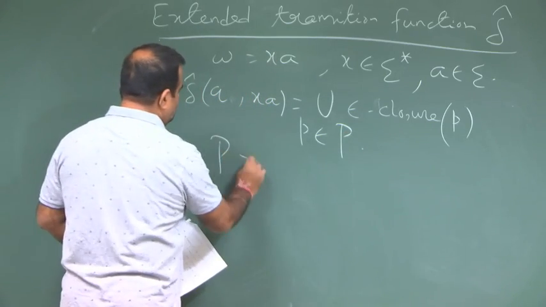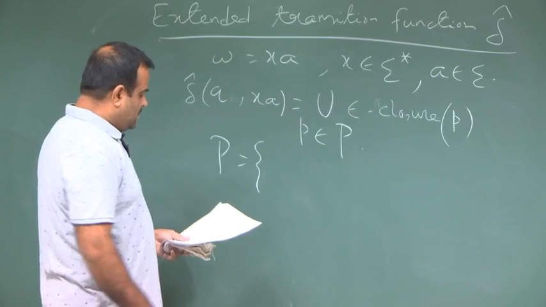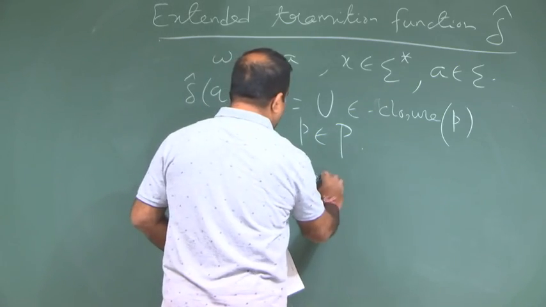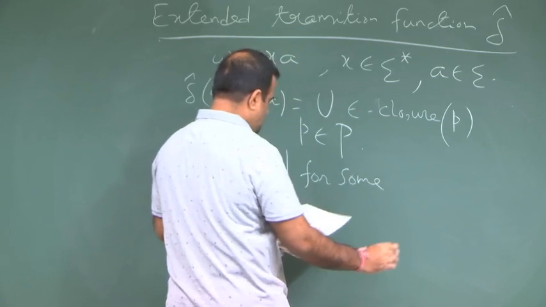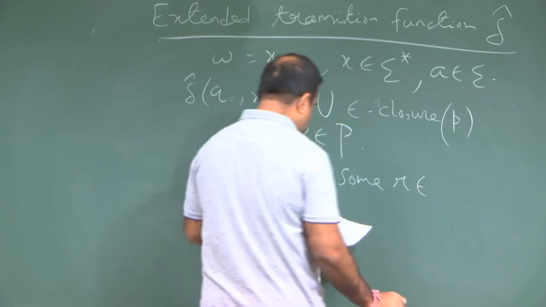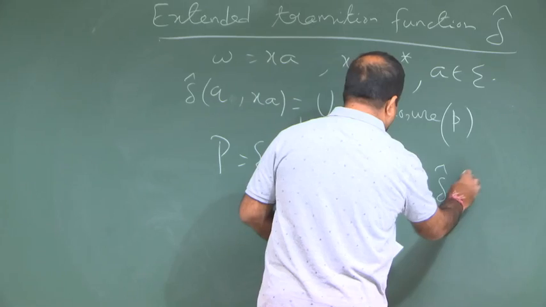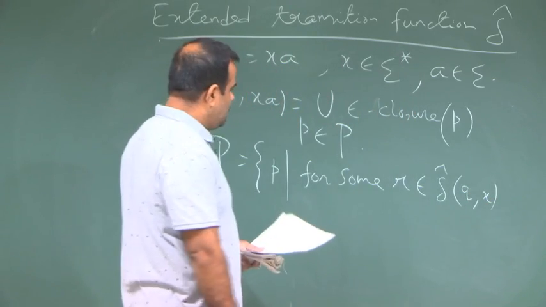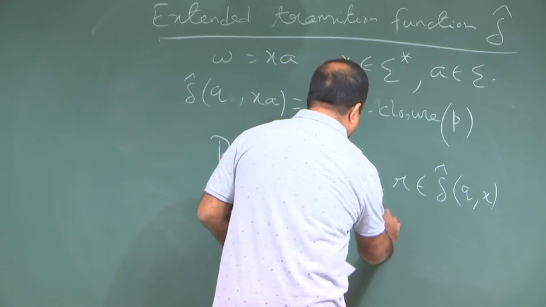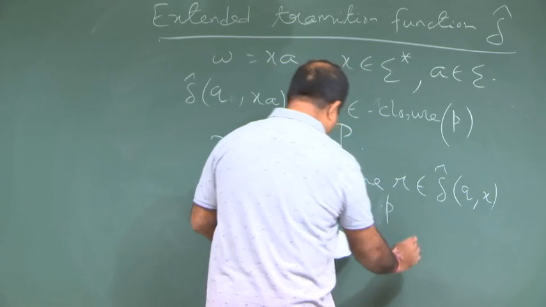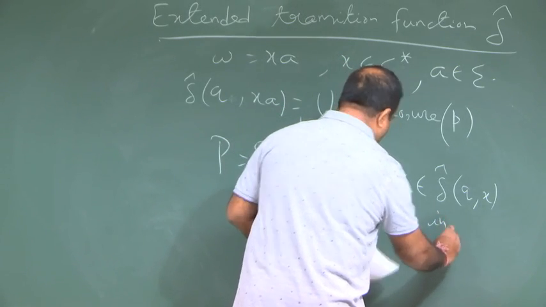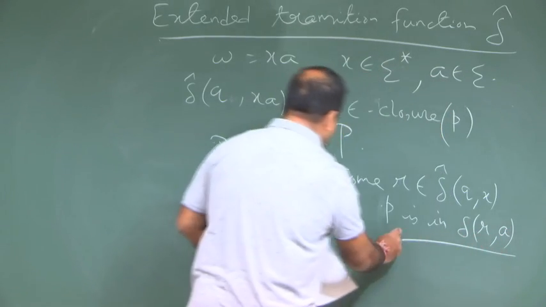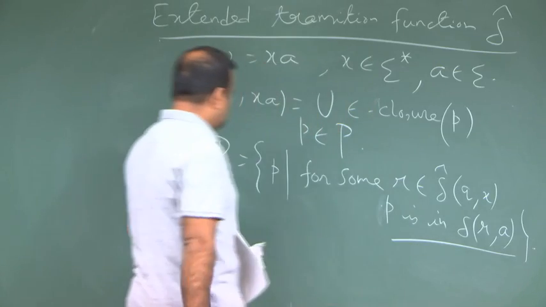Capital P is the set of p such that for some r belonging to delta hat of q comma x, and p is in delta of r comma a. So this is the meaning.